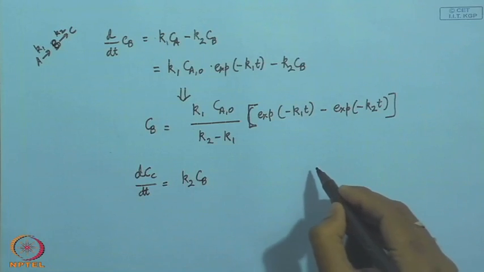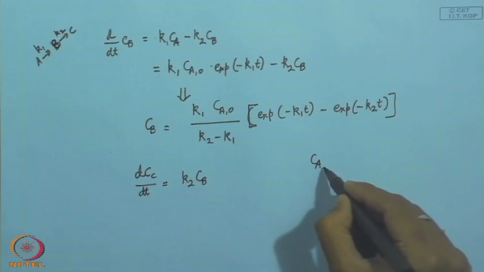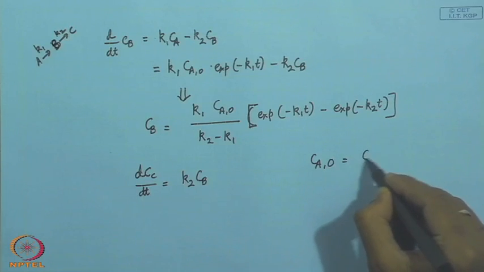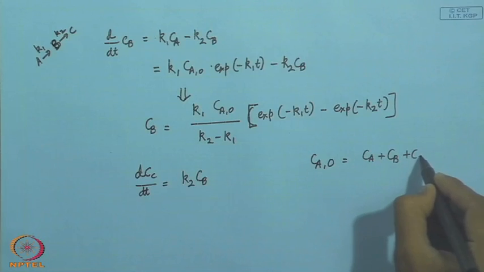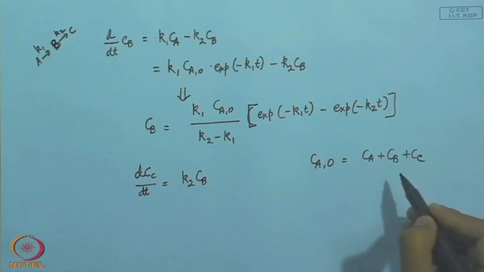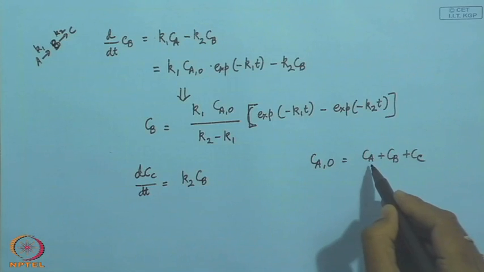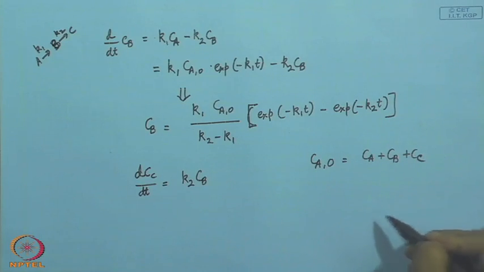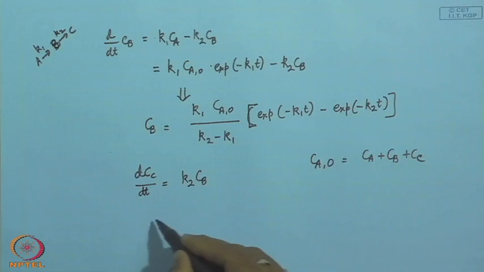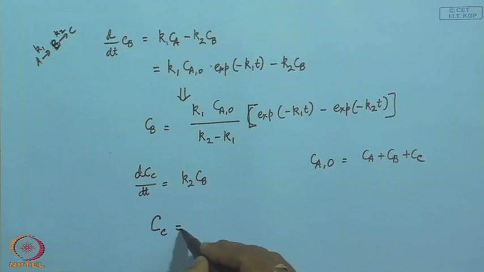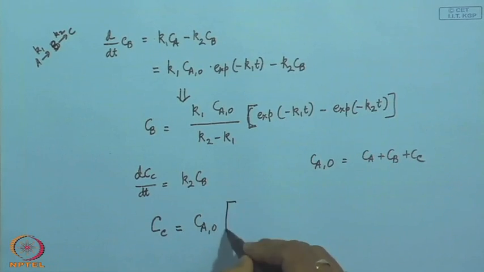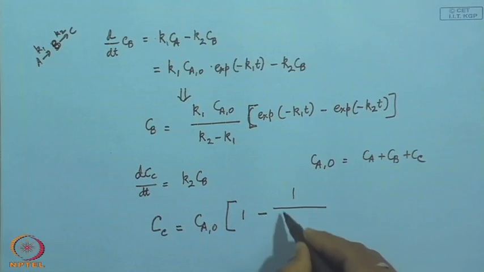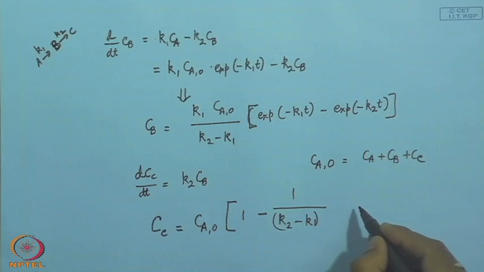Okay. And also CA0 is equal to CA plus CB plus CC. So, instantaneously it is A, B, C. At any moment, the remaining A, produced B and produced C, or maybe remaining A, remaining B and produced C. Then the concentration of CC will come out like this: CA0 into 1 minus 1 by K2 minus K1 into this exponential quantity.